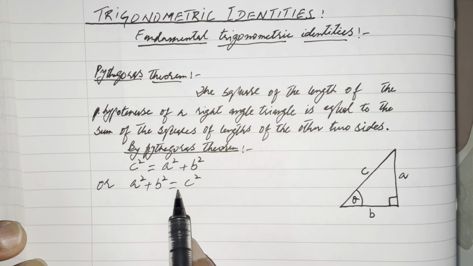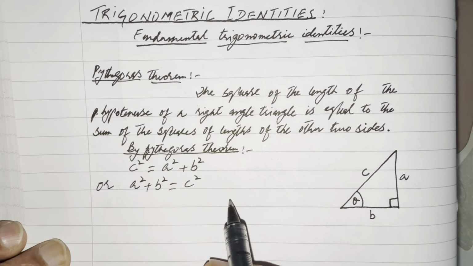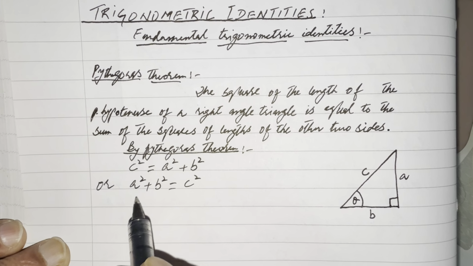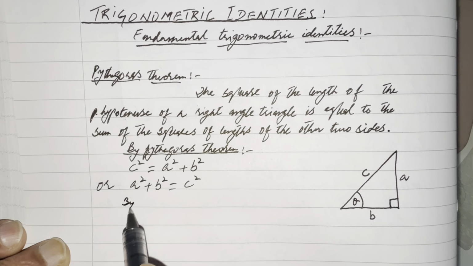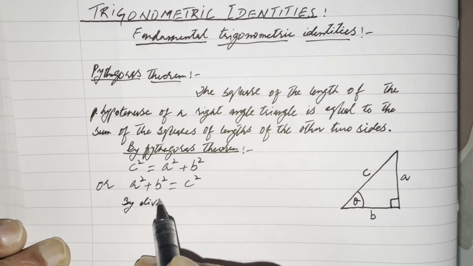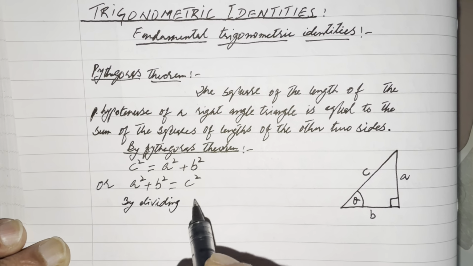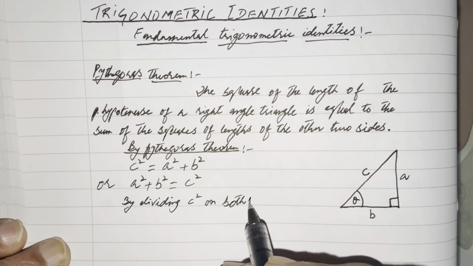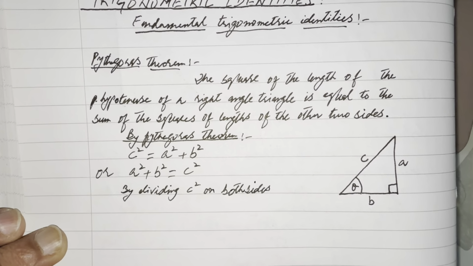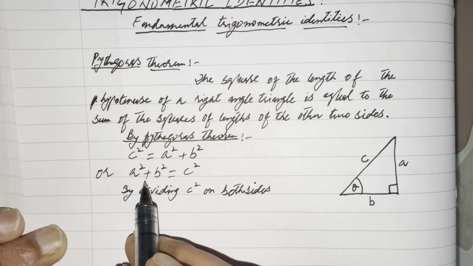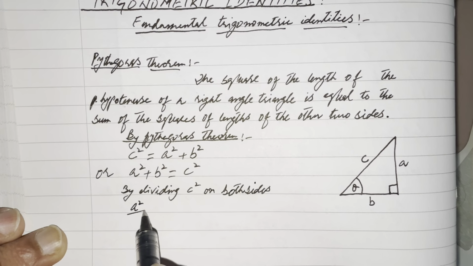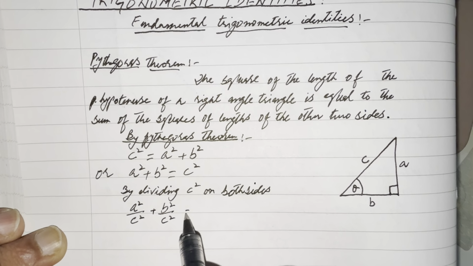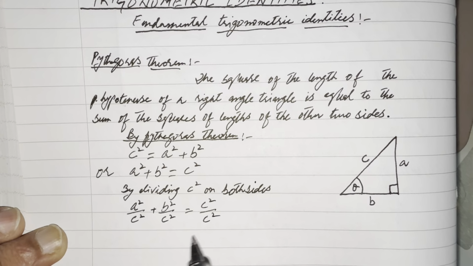If we take the first step by dividing by C square on both sides, the formula of the Pythagoras theorem can be written as A square divided by C square plus B square divided by C square is equal to C square divided by C square.